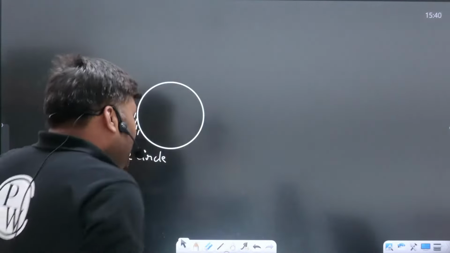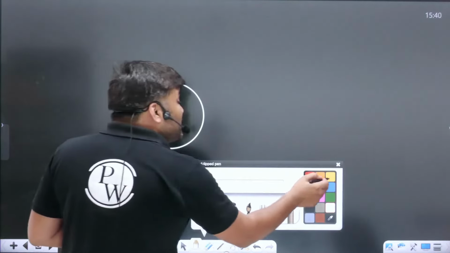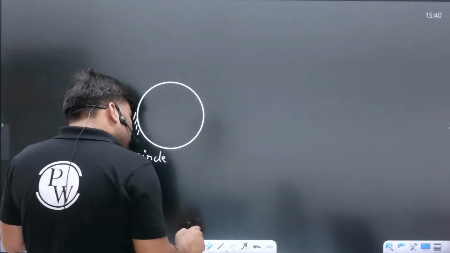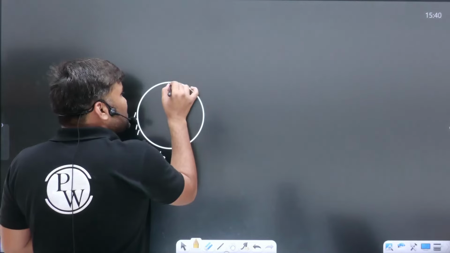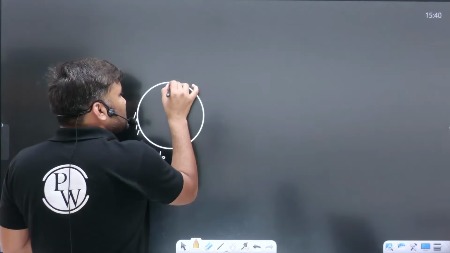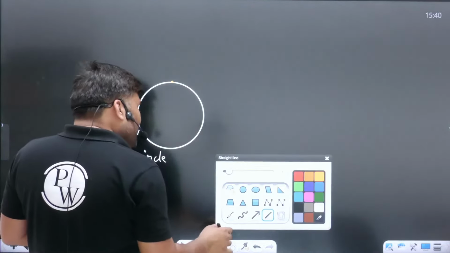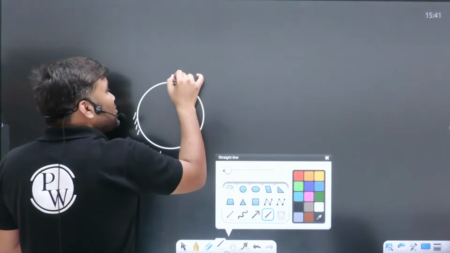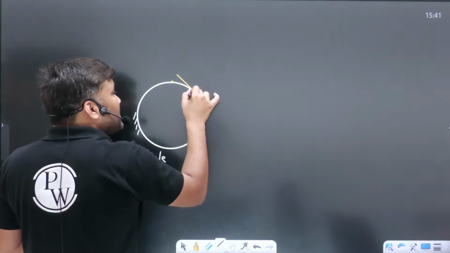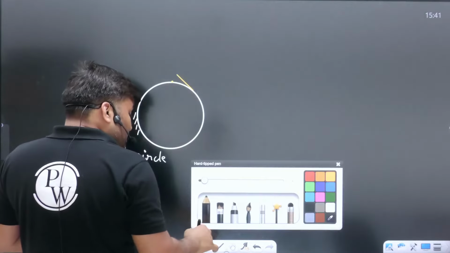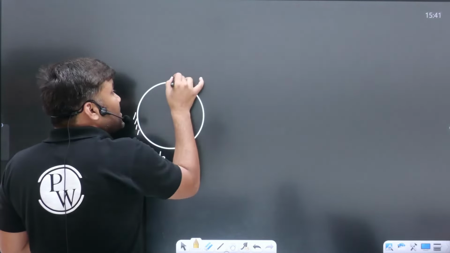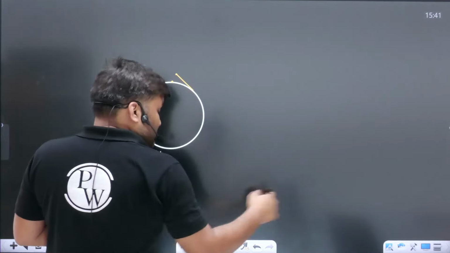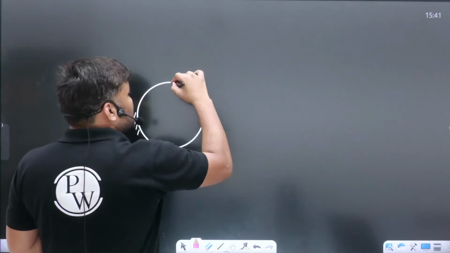The only condition is that when you are opening this thread, the tightness should be maintained. If the tightness is maintained, whenever you look, suppose the thread is somewhere here, look at this point. Once you have opened this thread a little bit, the thread looks something like this, somewhere here. This point has moved somewhere here in a circular arc. It looks something like this.